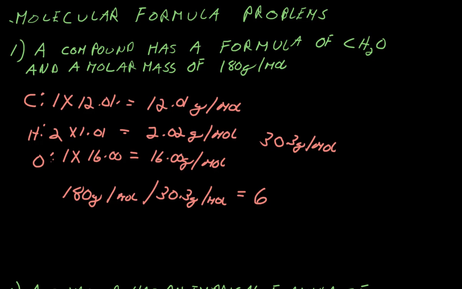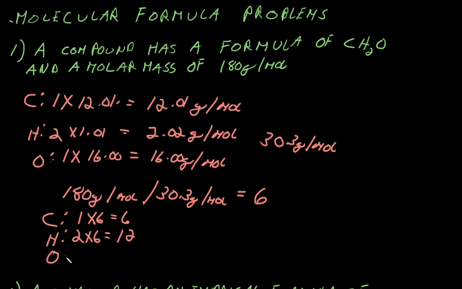So for carbon, we have 1. So carbon's going to be 1 times 6, which is going to be 6. Hydrogen is going to be 2 times 6, which will be 12. And we'll look at oxygen.